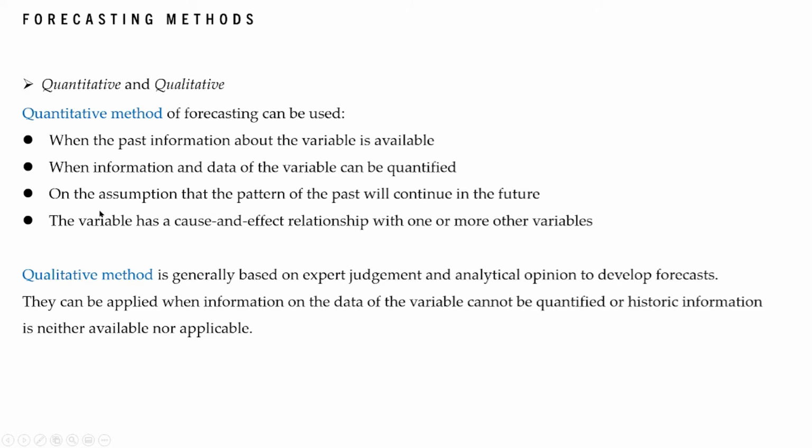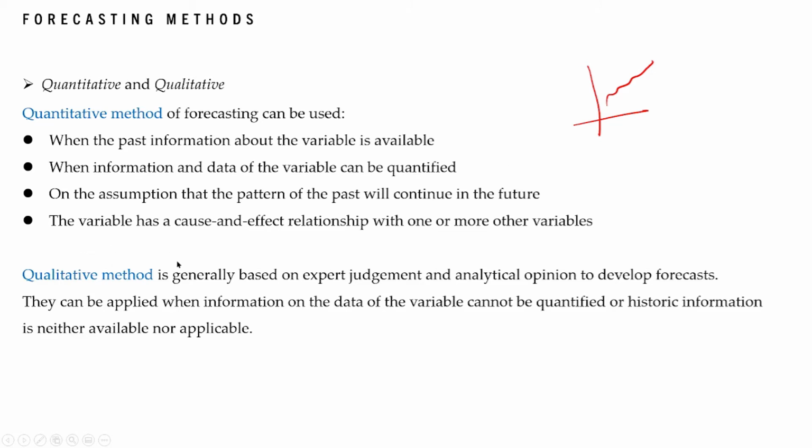And then again, this can be used only when we can assume that the pattern of the past will continue in the future. Now say for example share price, usually we use quantitative method of forecasting share price because we assume that the past will continue in the future. If the share price is increasing, then it will still increase in the future.